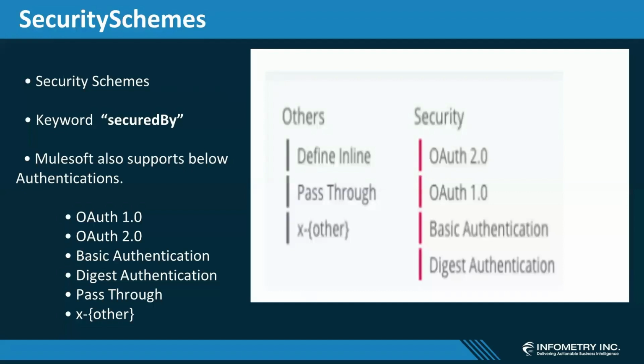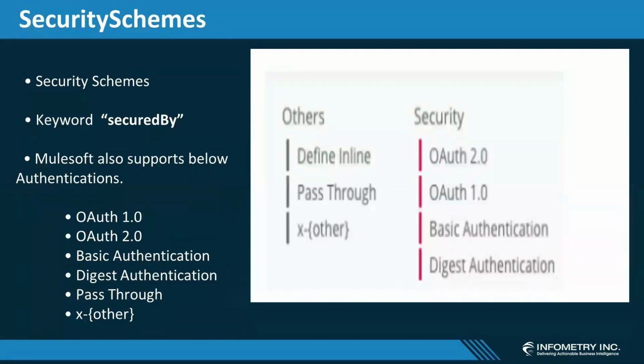Let's see what types of authentication we can define in RAML. It supports six authentication types. That will be OAuth 1.0 and OAuth 2.0, and basic authentication, which as you know is username and password based authentication. Digest authentication is also one of the types.